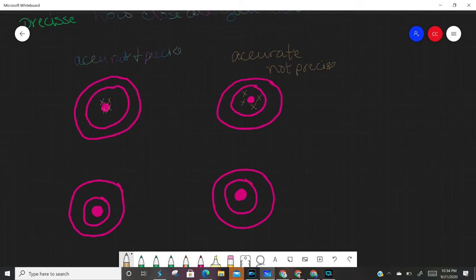To be not accurate and precise, you'll get a grouping. If you've ever shot bows and arrows, or if you've ever shot a shotgun, if your scope is not just perfect, you can hit the same spot, but it's not what you were aiming for because it was not accurate.